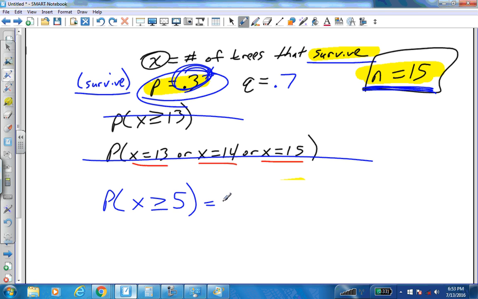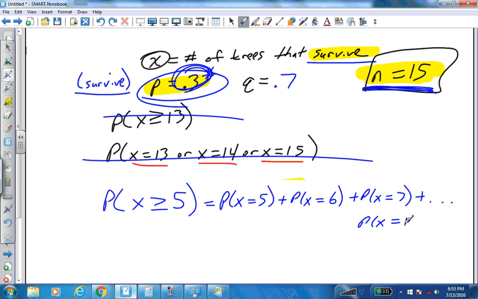So that's the probability of X being 5 or 6 or 7 all the way up to X being 15. And we could get each of those probabilities, one for 5, one for 6, one for 7, one for 8, all the way up to 15, and we could add those up.